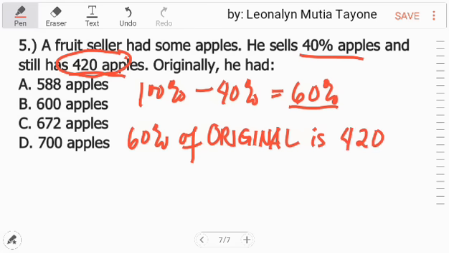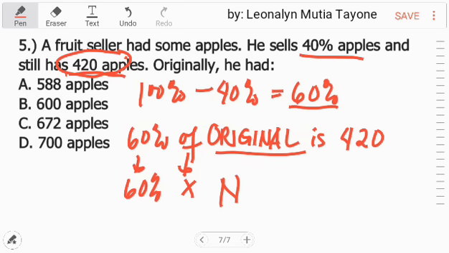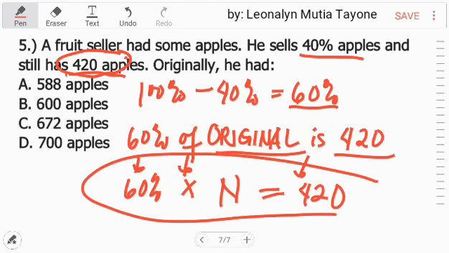So, 60% of the original apples is 420. So, 60%, kopyahin, of multiplication yan. Itong original number of apples, let n be that number. Yung number na yan. So, si is, equal yan siya, 420. So, ito na yung equation natin.